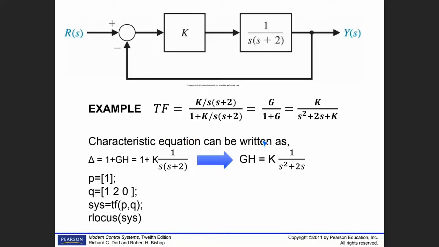You can see that the transfer function is obtained as k over s square plus 2s plus k.